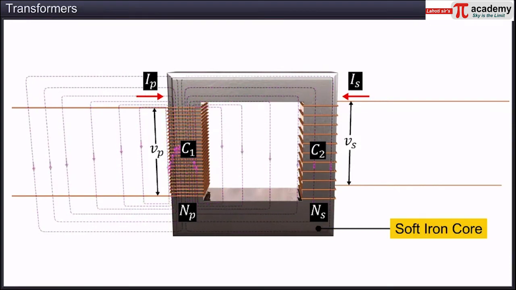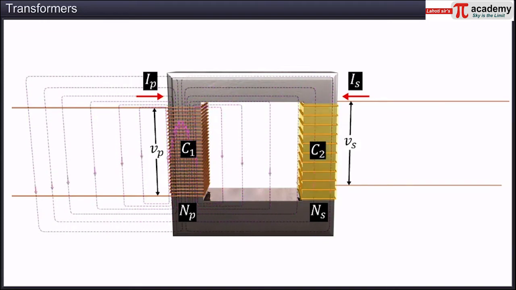This increases the mutual inductance of the two coils as more flux from the first coil now passes through the second coil. If the time-varying magnetic flux produced by coil C1 passes through the other coil C2, an EMF E is induced in coil C2.